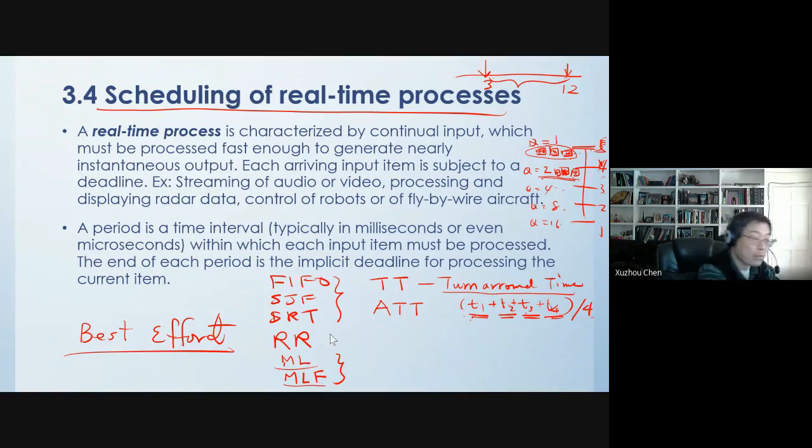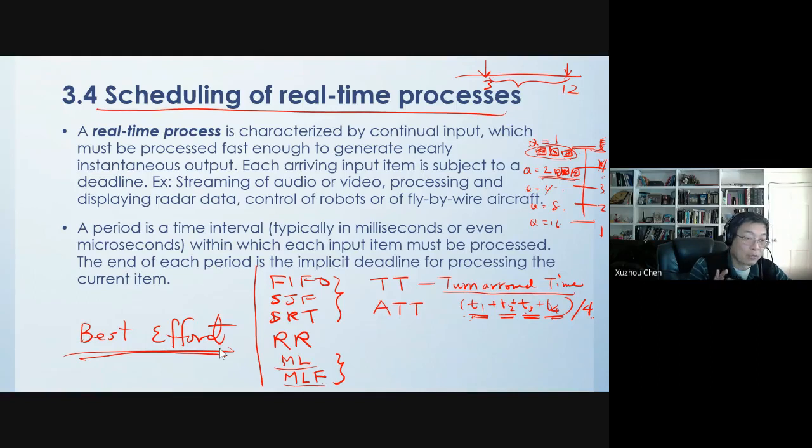Now, all these scheduling algorithms are called best effort scheduling algorithms, which means if I have multiple processes, the scheduling algorithm just picks the next process to run based on what the algorithm is. But there's no hard time limit.